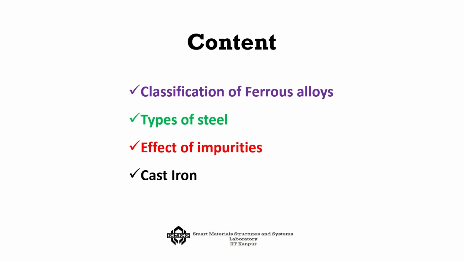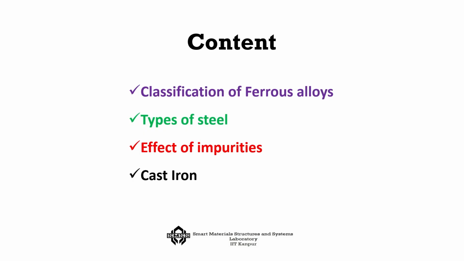So, I will start with the classification of ferrous alloys, the types of steel, effect of impurities and cast iron, because iron has a very wide range of possibilities. And remember that it is the most versatile structural material for many mechanical systems for thousands of years.